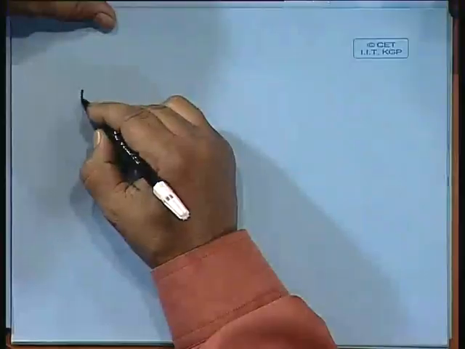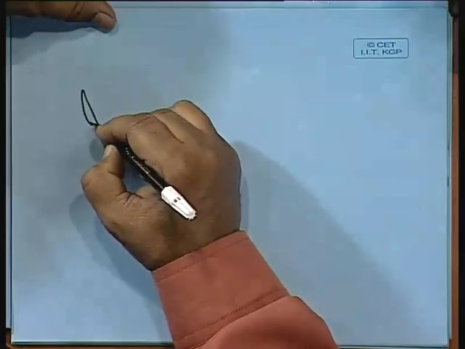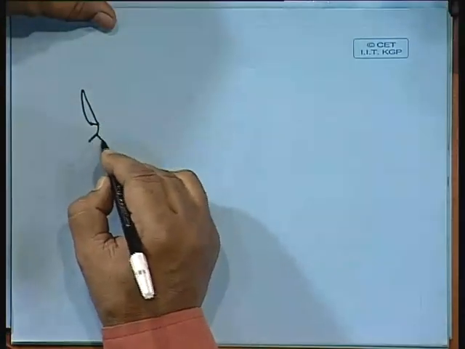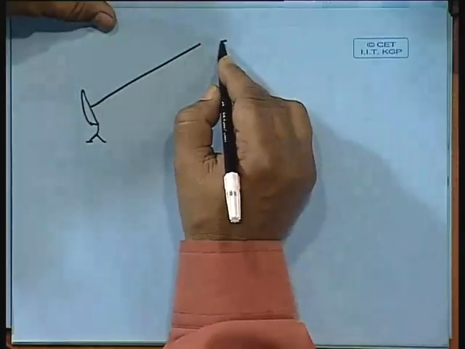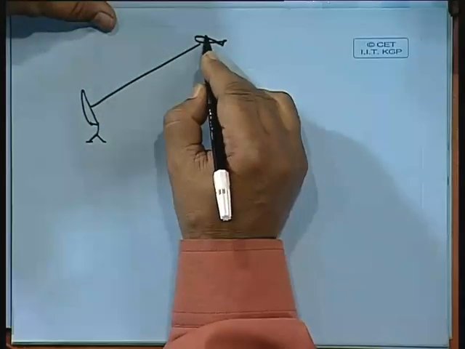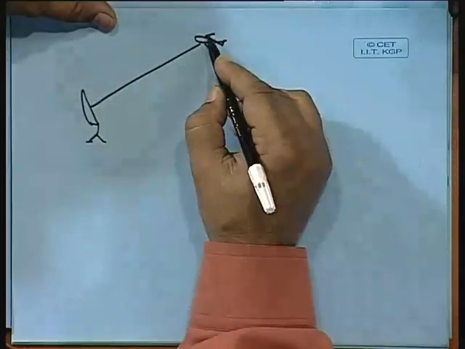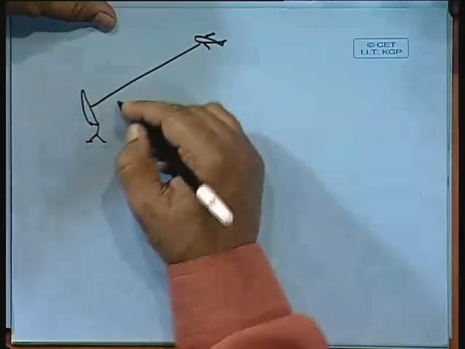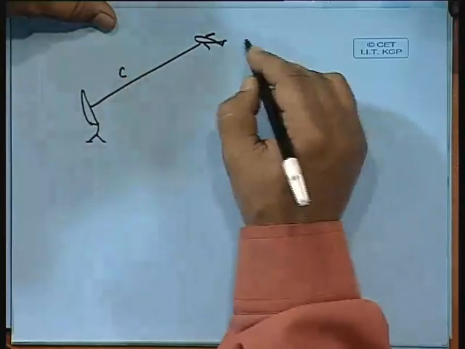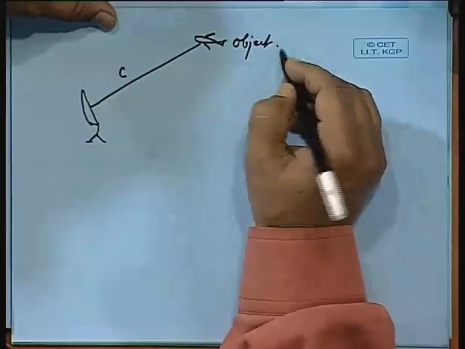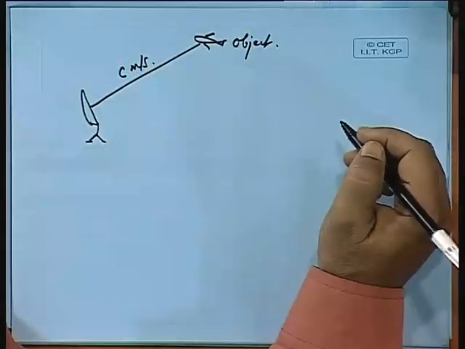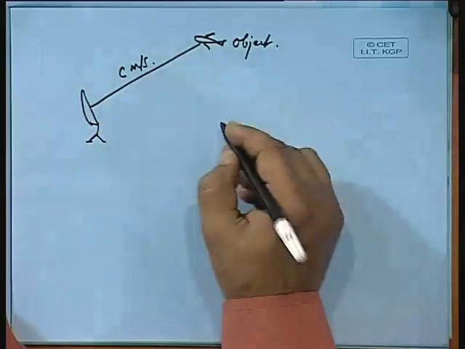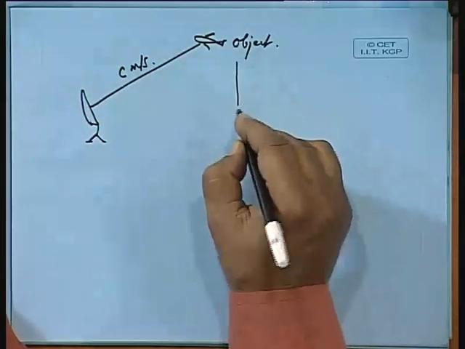So, I will show you a very simple schematic diagram. So, this is an enemy plane and this is a radar. So, you are sending a signal, this is the object, c meters per second is the velocity of light, the signal is sent and you are sending the pulses like this.